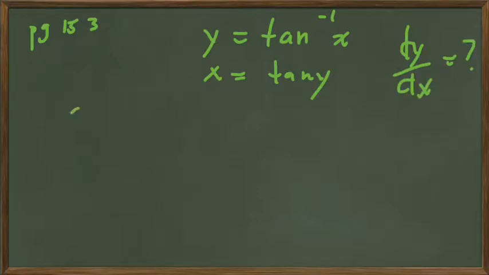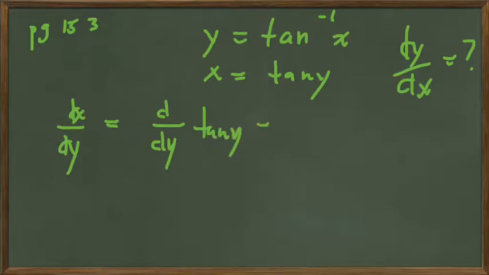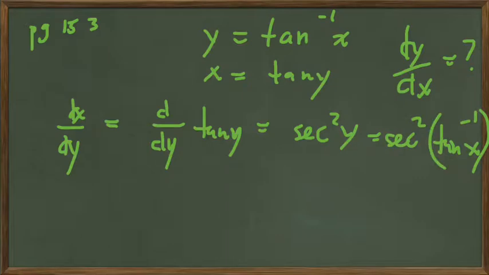So dx dy is the derivative with respect to y of tangent y, which is secant squared y, and that is secant squared of tangent inverse of x, because that's what y is. Then we have to set up the triangle as we did before with the angle theta equaling this tangent inverse of x.